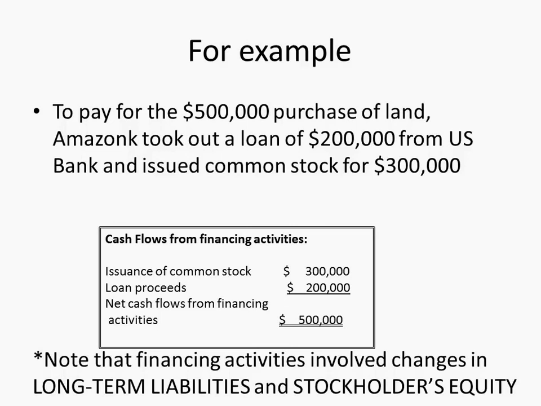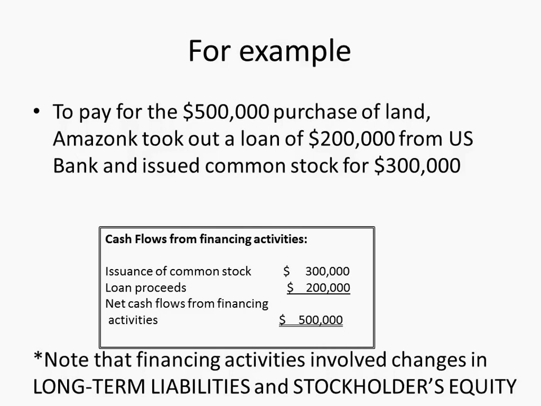But intuitively, what I think will get you to be able to do a statement of cash flows and get it, is understanding why it's split up and what each different element of the statement of cash flows tells us. Okay? So if I'm interested in seeing if this is a company that's growing, which sections of the statement of cash flows am I more likely to be interested in?